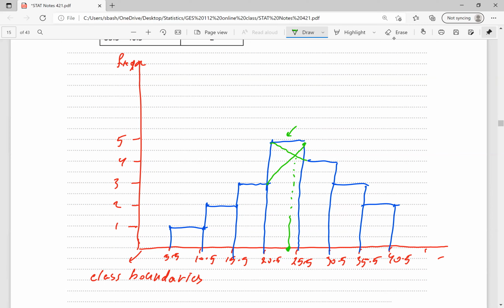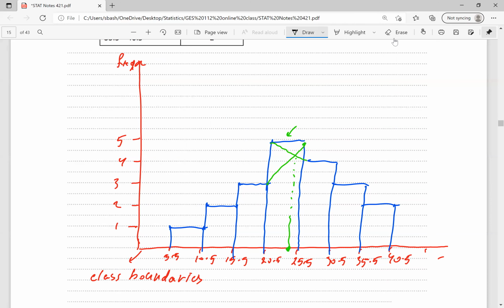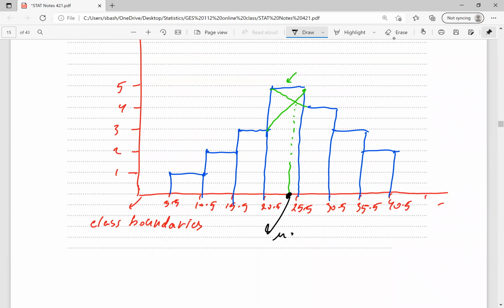Then draw a vertical line from the intersecting point to the horizontal axis. This point is the mode. So the mode is approximated as about 24.